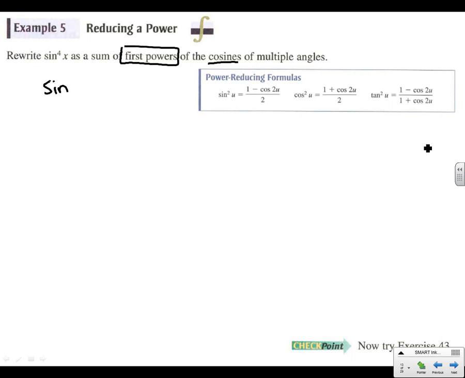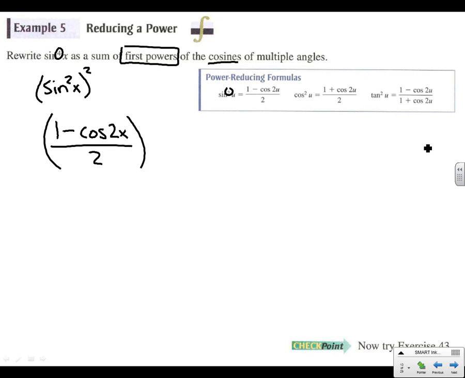Since I know about squared, I'm going to rewrite this as sine squared x, squared. Squared squared gets me to the 4th. So what I have here is 1 minus cosine of 2x, all over 2, and then this whole thing is getting squared.